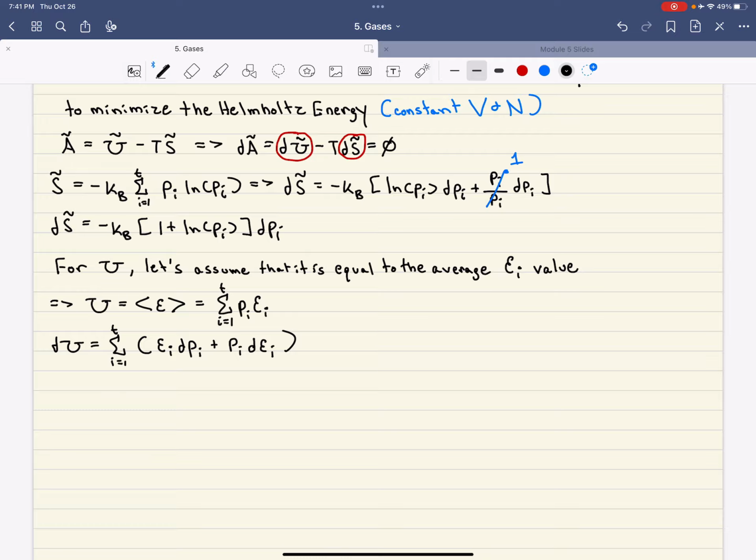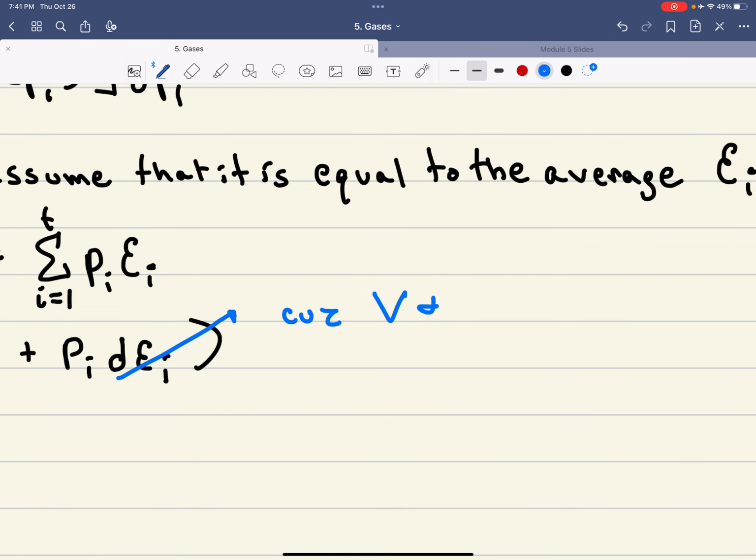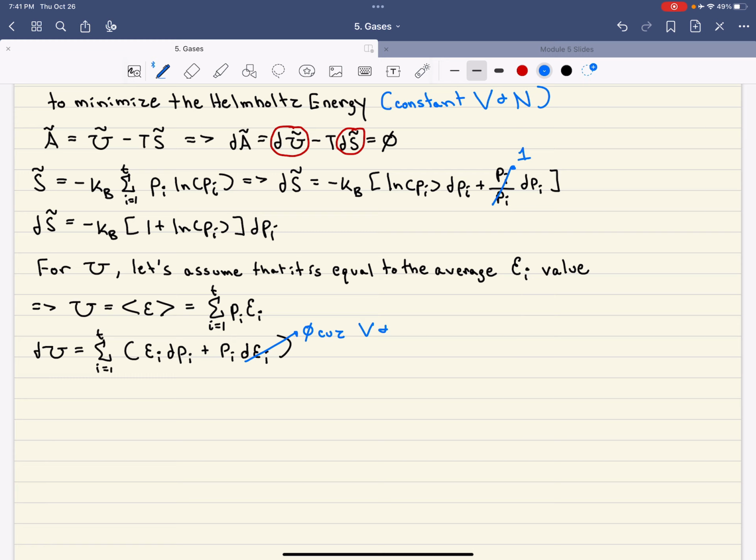And we know that this d epsilon sub i will actually cancel out, because epsilon sub i, the actual energy level itself, is just a function of V and N. So this term is going to be 0. The energy of a particular energy level is just a function of the volume and the number of molecules in the system.